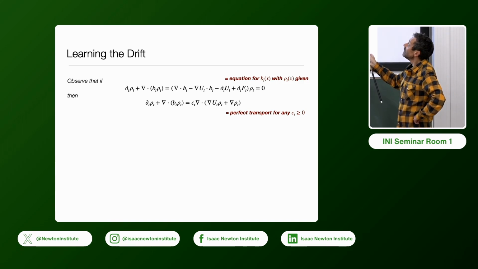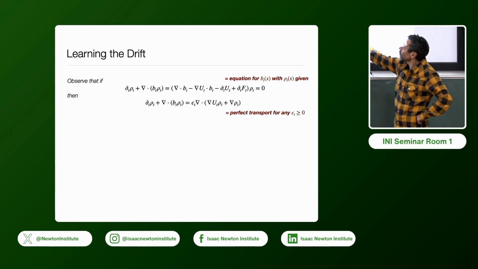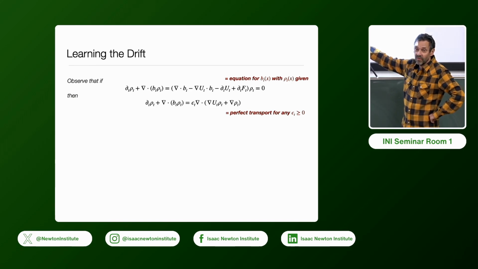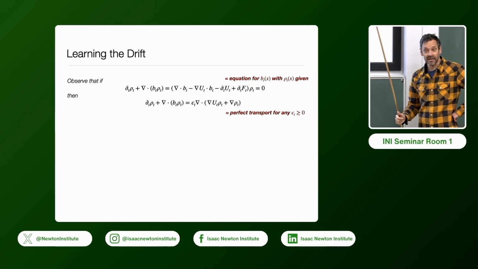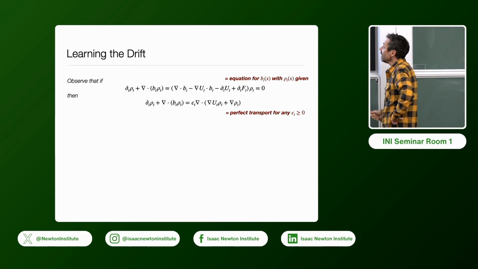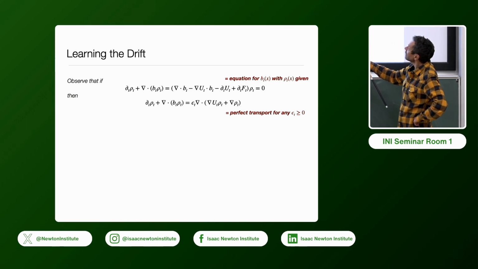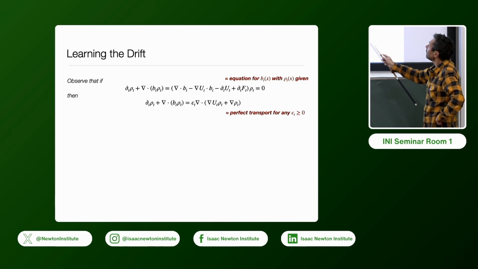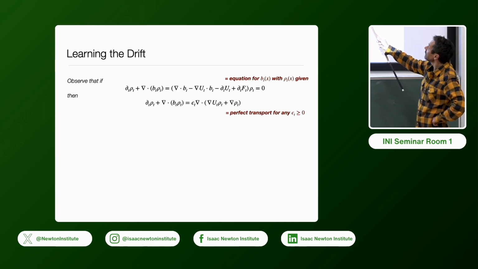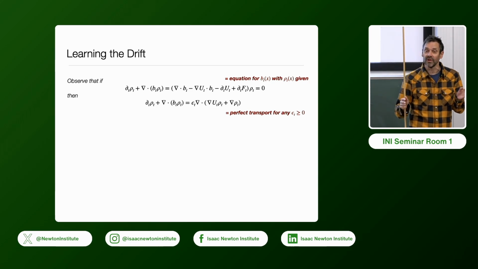Well, that would essentially mean that the weight that were in the equation before would be equal to 0, and the transport alone, so the drift alone here, would transport the PDF, the target PDF rho t. Okay? And as usual, if this is true, we can also add this term, right? Because this term doesn't change anything. So what we have here is that this equation, if satisfied, leads to perfect transport for any epsilon, including if you have no diffusion coefficient.